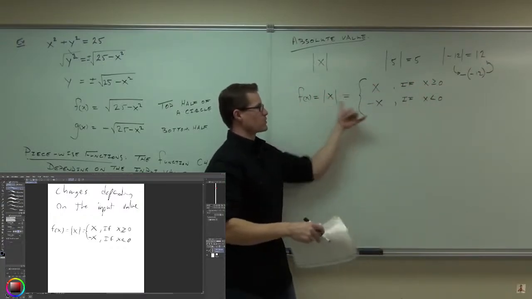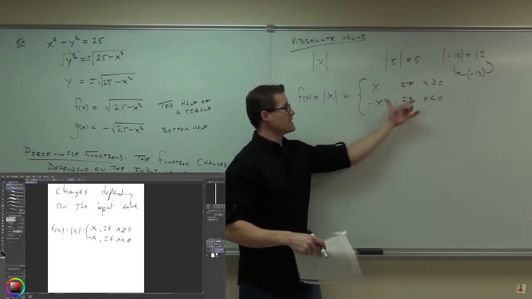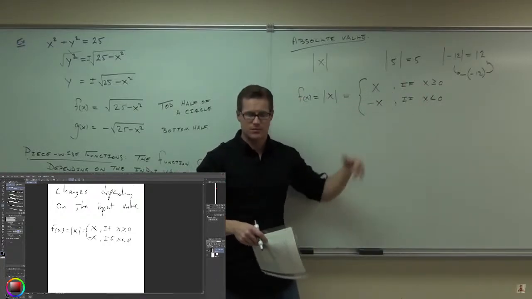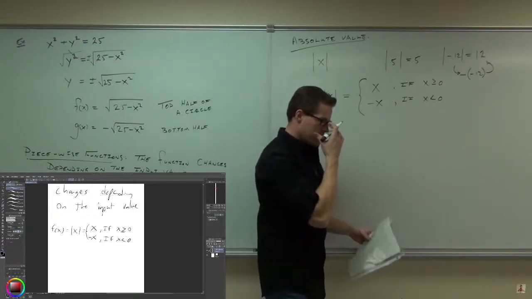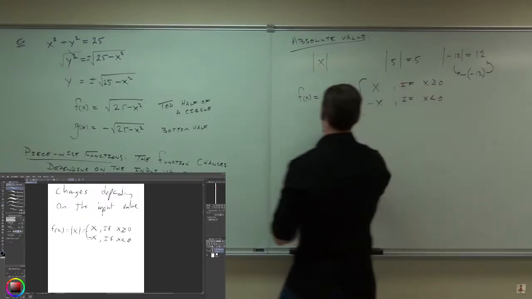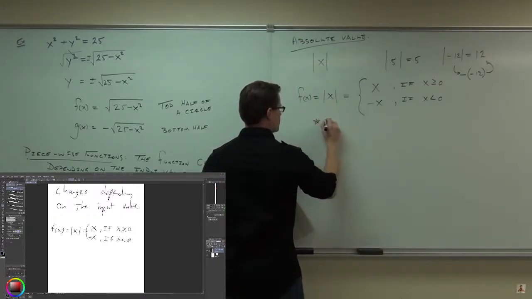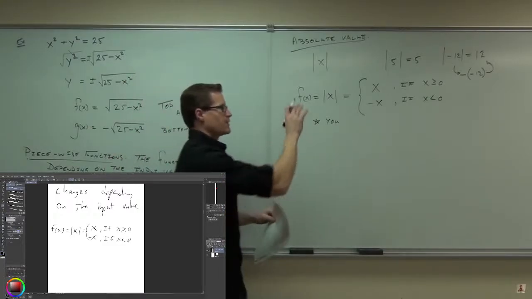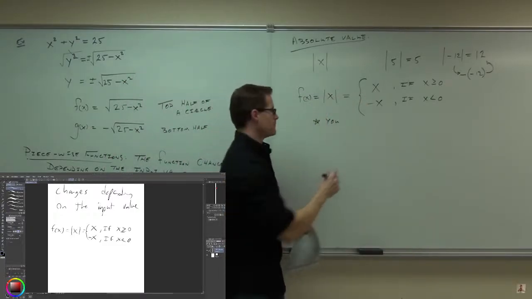Now, of course, we know this one from a long time ago, but can you see that this is the definition of that? This would do it every time. What's kind of cool is that any piecewise function can be graphed by using their pieces. So we're going to do that next. You can graph any piecewise function by graphing each piece individually.